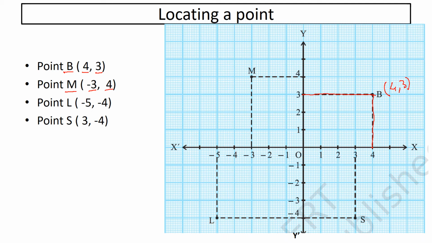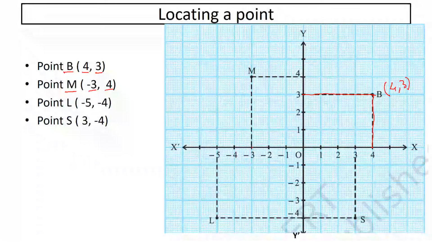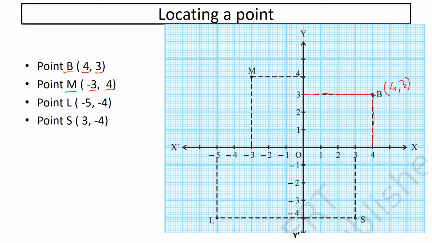So we have to go -3 units on the negative side of x and draw a line parallel to y, and we have to go on the positive side of y and take 4 units and draw a line parallel to the x-axis. Where these two lines intersect, that will be the point M, and the coordinates of this point will be (-3, 4).